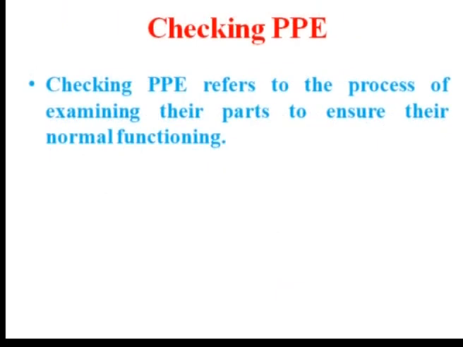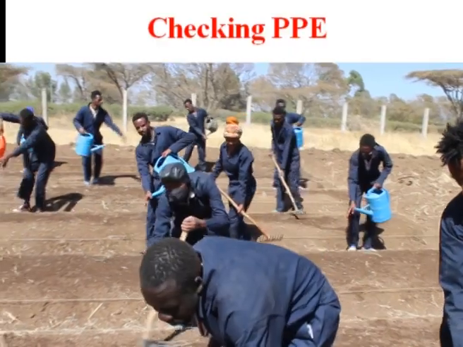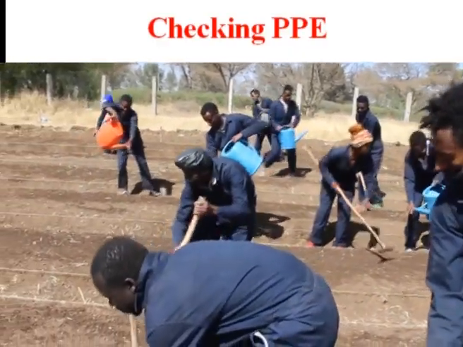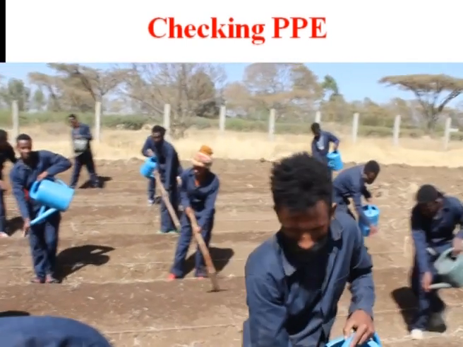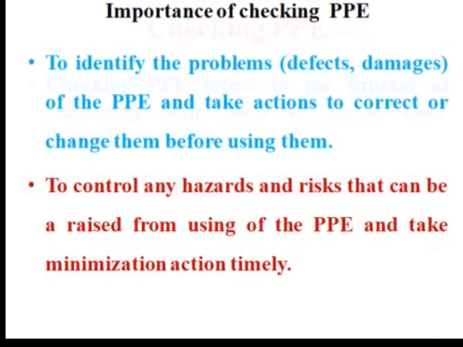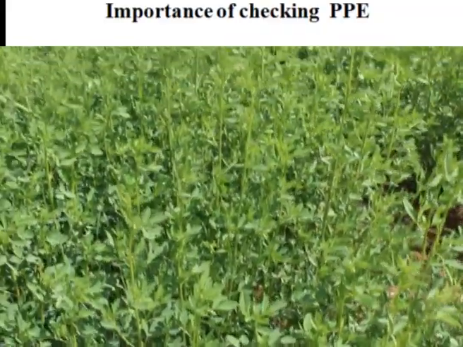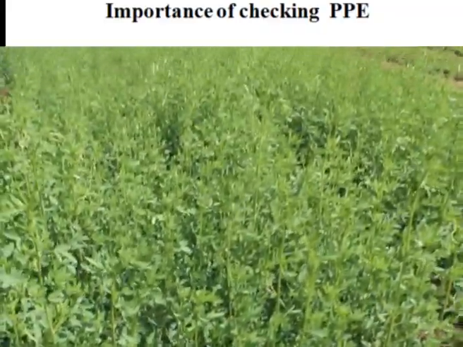The next typical point is checking PPE. Before using any PPE, you have to check whether it is functional or not. Checking PPE refers to the process of examining its parts to ensure normal functioning. Student, what is the importance of checking PPEs? That means conducting pre-operational checking on PPEs before using them.